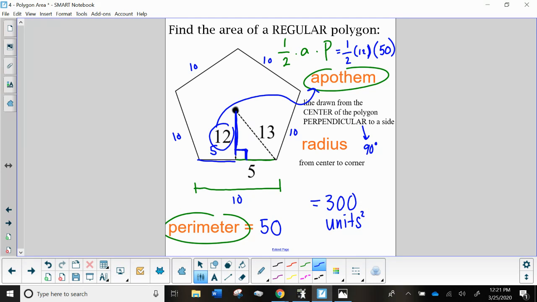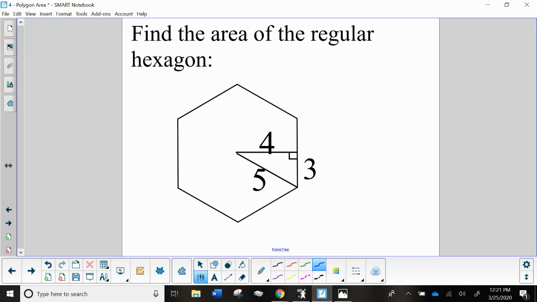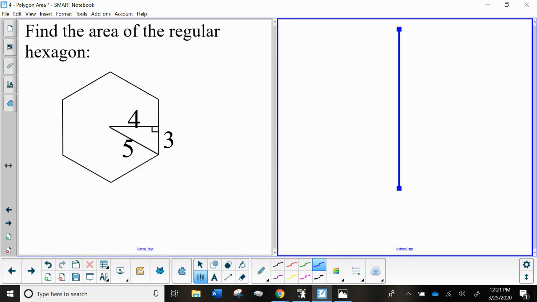Okay, so I'm going to try this one more time with a different shape, doing both methods. So we have the triangle method, and then we have the 1/2 times A times P. Truly, it's not going to matter which one you choose. So if you like one more than the other, do it.